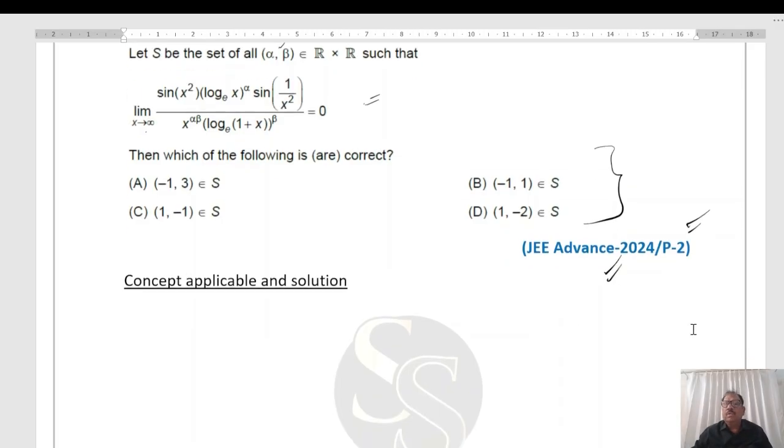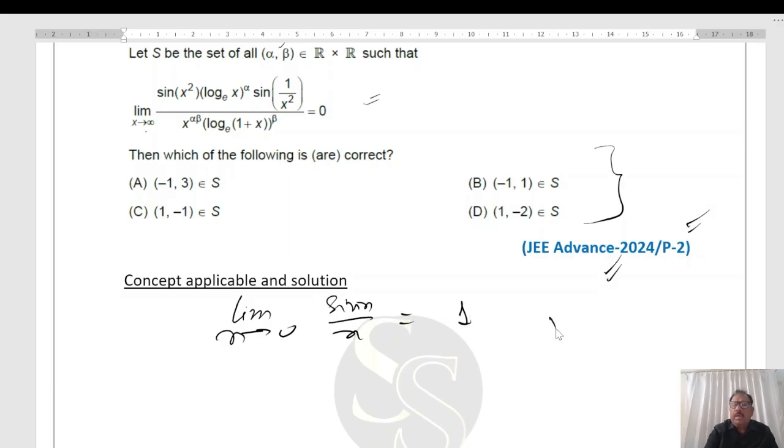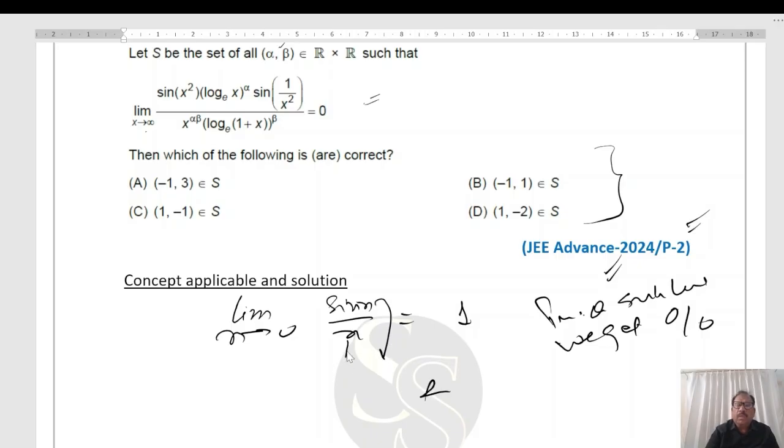Before start of the question, I will discuss certain concepts. You know, limit x tends to 0 sin x upon x equal to 1, provided on substituting limits we get 0 by 0, and this should be matching, right?